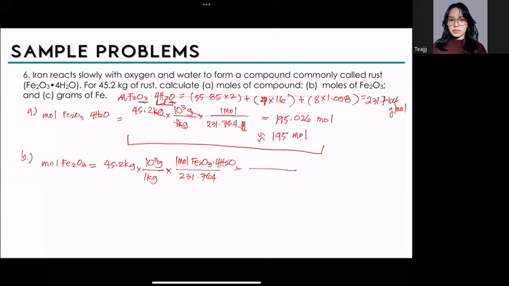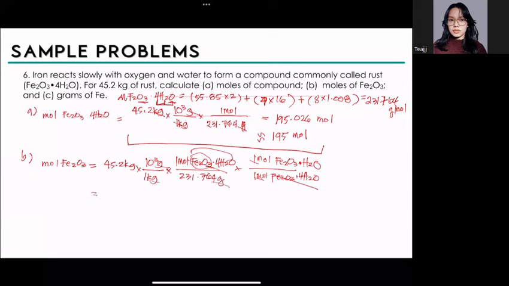Now, if you see here, for every 1 mole of this compound, there is only 1 mole of Fe2O3. So that's just 1:1. Since we have no factors that will change anything, and we only added 1:1, the answer will remain the same.